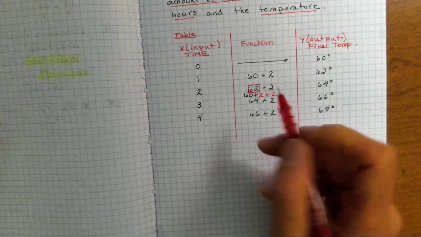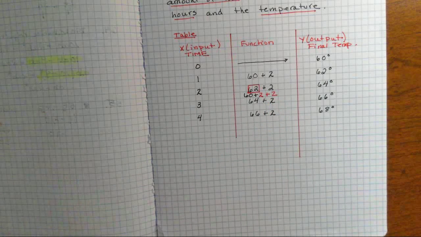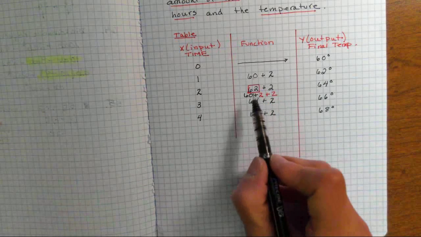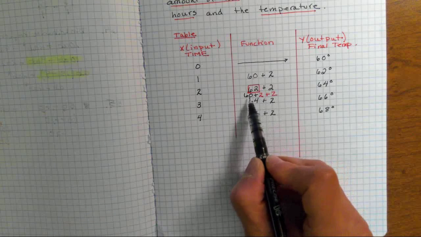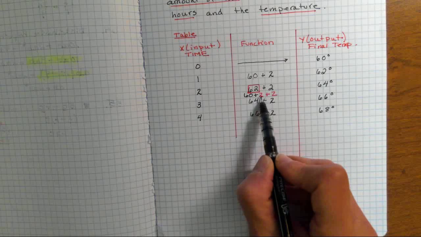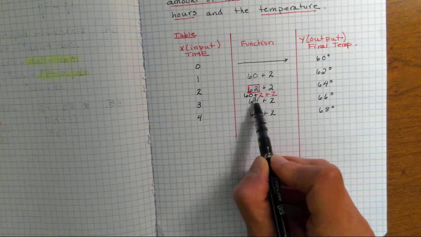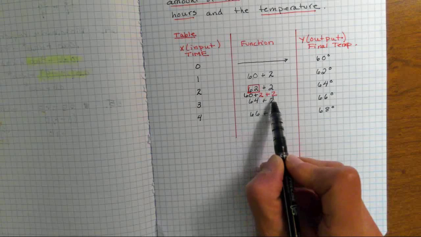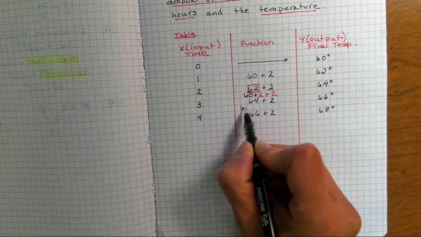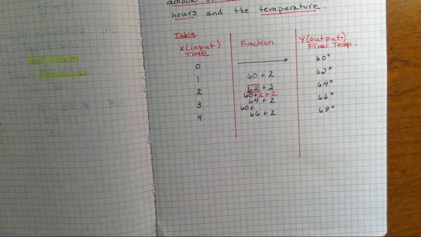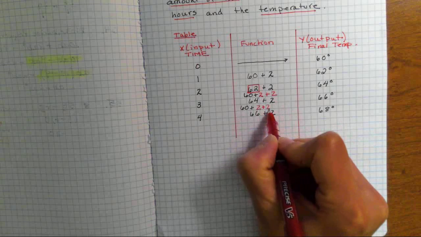Okay, so how did we get 64? Well, 64 we got from doing 62 plus 2, but I wrote 62 to be 60 plus 2. So instead of 64, it's going to be 60 plus 2 plus 2. That equals 64, right? So here I'm going to write 64 as 60 plus 2 plus 2.